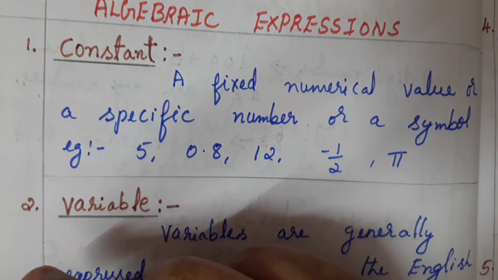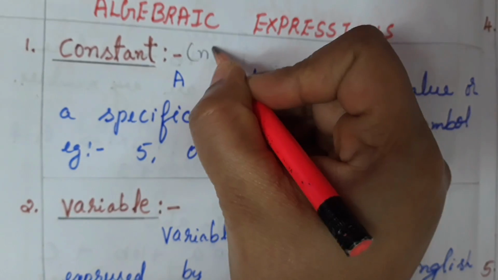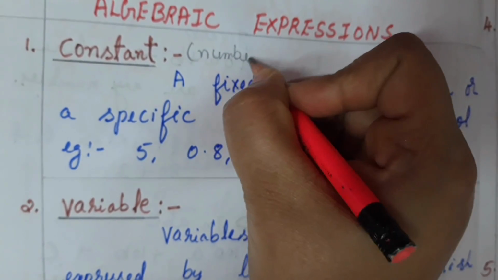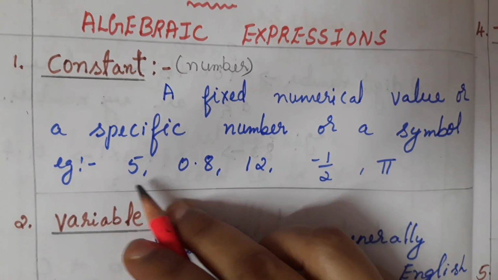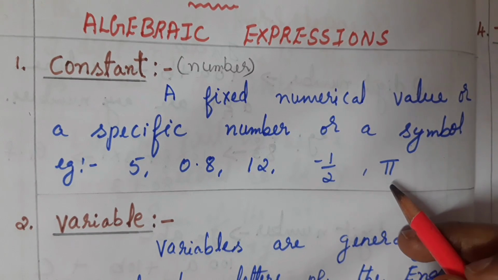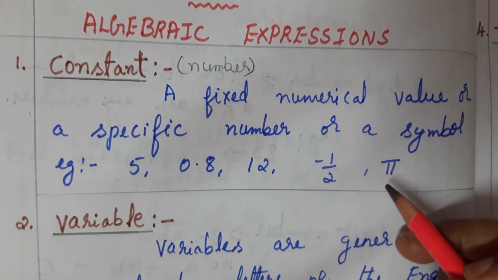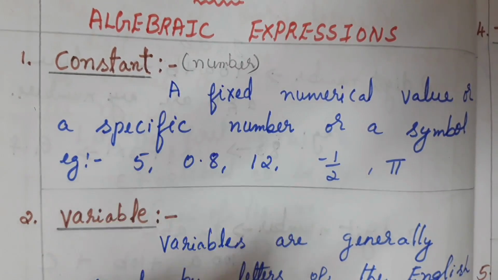You just remember that constant means a fixed number. Examples: 5, 0.8, 12, minus 1 by 2. Pi also we can write, because the value of pi is 22 by 7. So understood children? Constant means number.